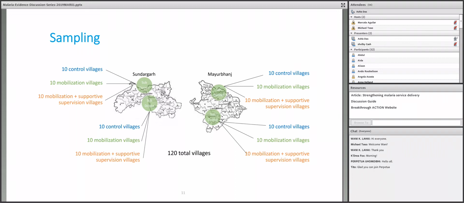And the third arm had the combined interventions, combining supportive supervision along with intensified community mobilization. So in every sub-district, there were 3 arms, each consisting of 10 villages, and all these villages were randomly selected. So in total, there were 120 villages, 40 control, 40 mobilization, and 40 mobilization plus supportive supervision.